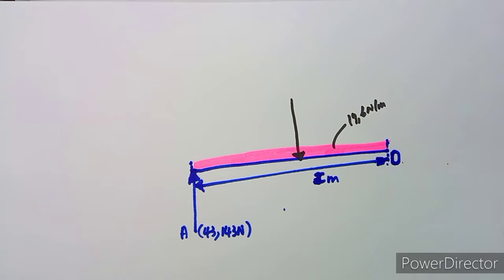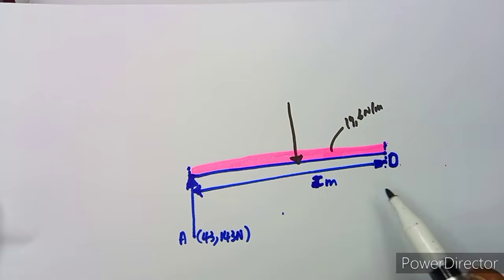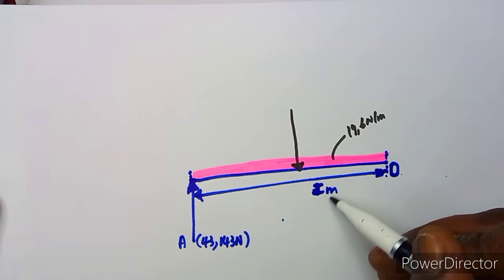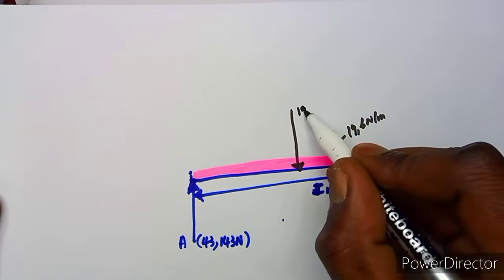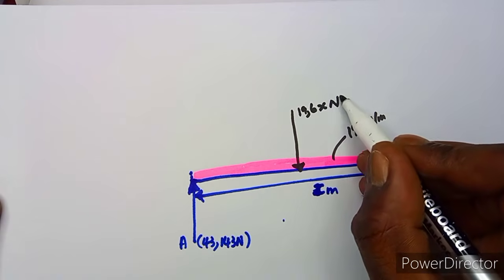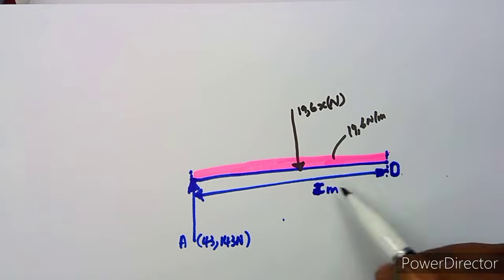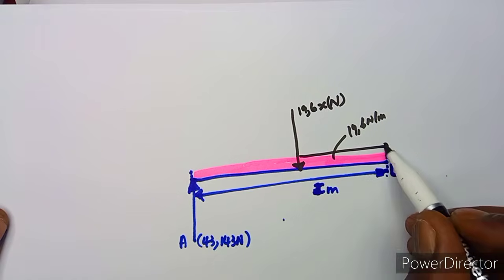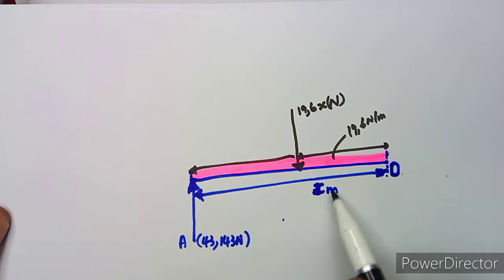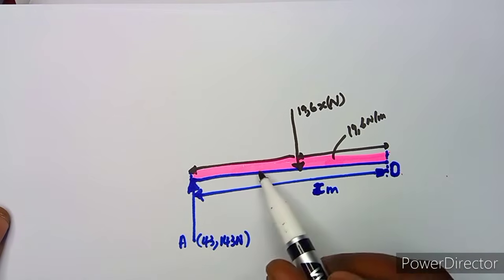But in this case, we do not know this value, so we are just going to assume it to be X. So I'm just going to multiply the force per meter times the distance, which is X. So it's going to be 19.6 times X, which is 19.6X Newton. So this is what I'm having now, just like a concentrated load. Remember, guys, when you obtain this, even the distance is going to be affected. If it is X, it is going to be X over 2.